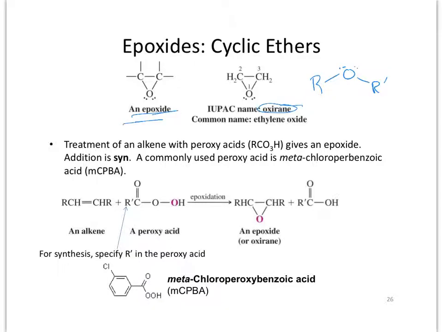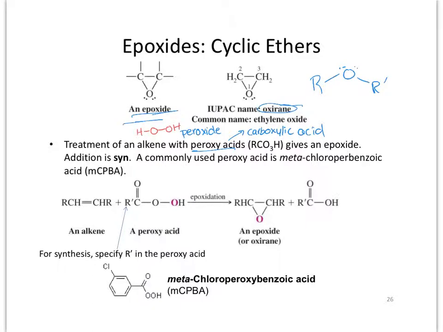So a couple different ways we can make epoxides. The first one we're going to talk about uses a peroxy acid. And the term peroxy acid comes from 2 words we actually know already, peroxide, and the acid is from a carboxylic acid. So if I asked you to draw each of those things, you would probably come up with a peroxide looking something like this.